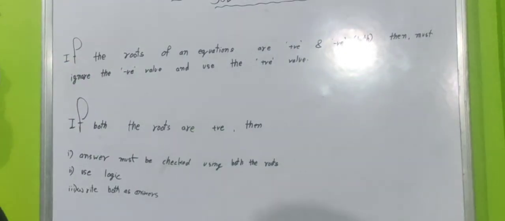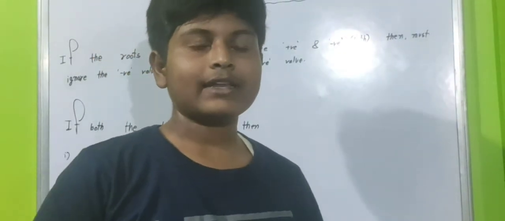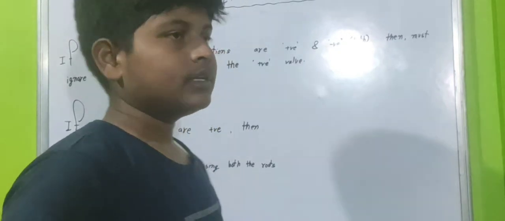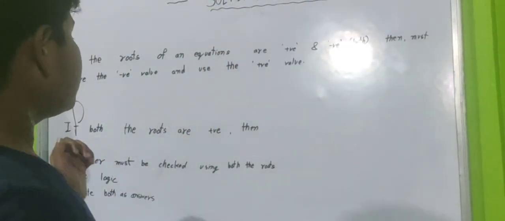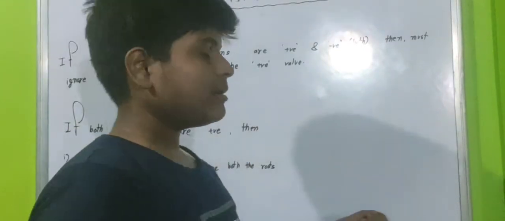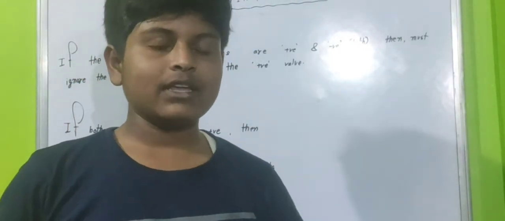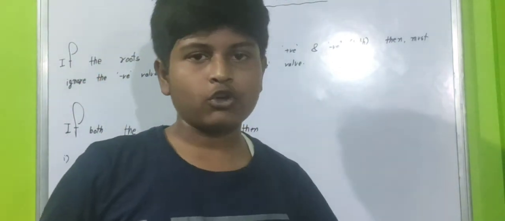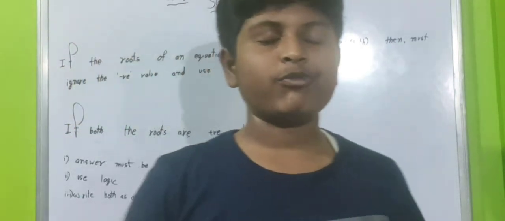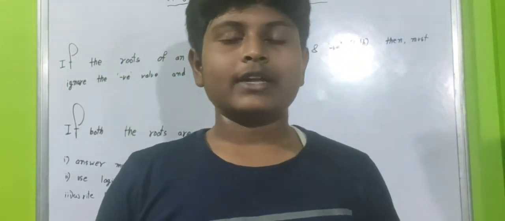So friends, here we have to keep certain things in mind while getting a final answer at the end. That is the main procedure. If both the roots we get are negative, then you may have to check the procedure you have solved, or the question will be wrong, but that question will not be given when both the roots are negative.